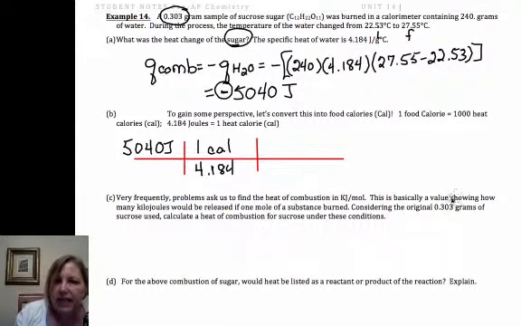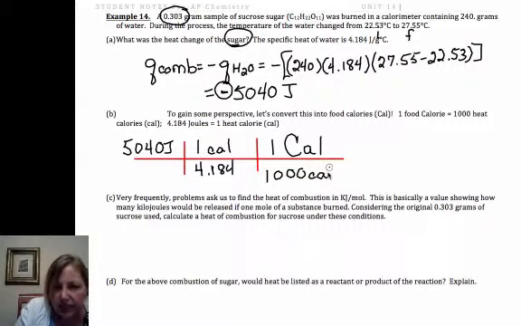Now, that's an energy calorie. A food calorie is given a big capital C, and that's 1,000 scientific calories. So a food calorie is a kilocalorie, right?